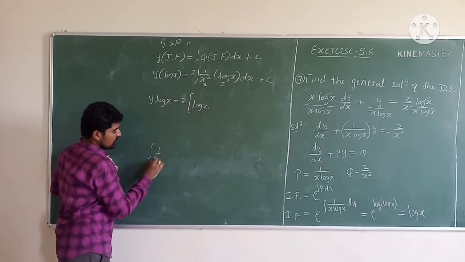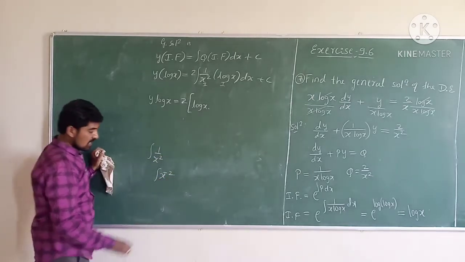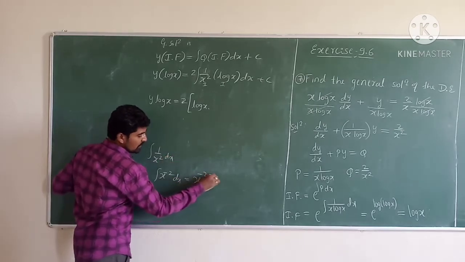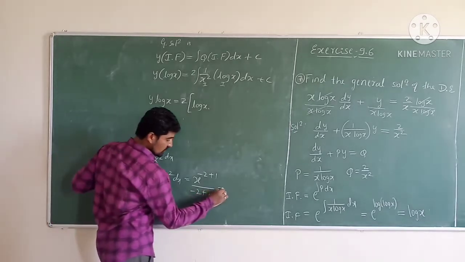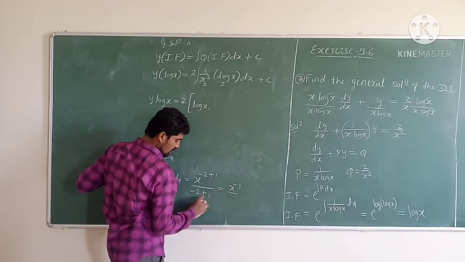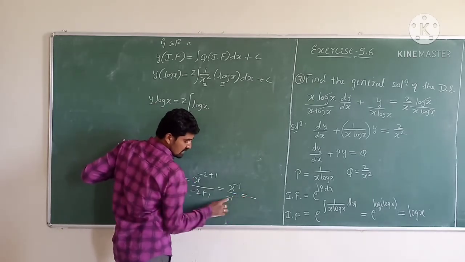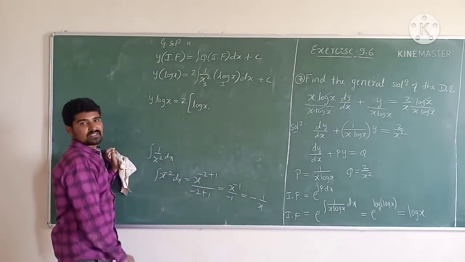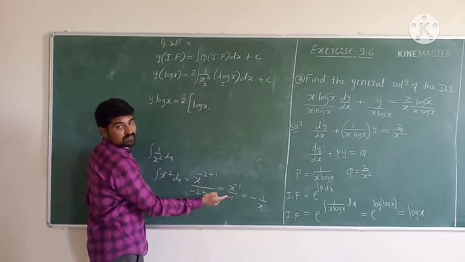Integration of 1 by x square can be written as integration of x power minus 2 dx, which is x power minus 2 plus 1 divided by minus 2 plus 1, which is equal to x power minus 1 divided by minus 1, which is minus 1 by x.